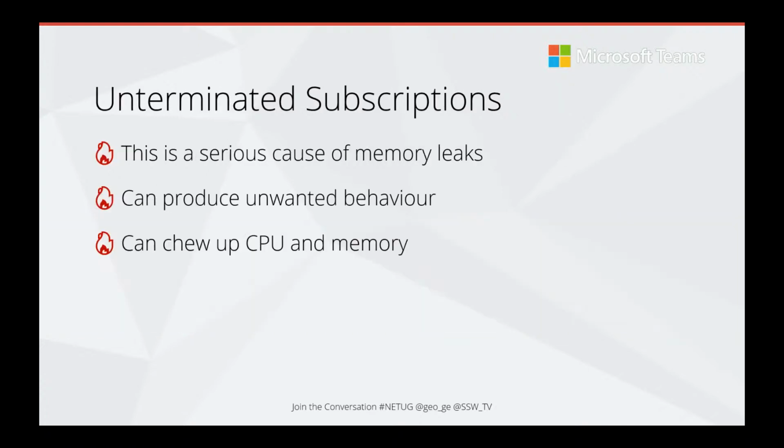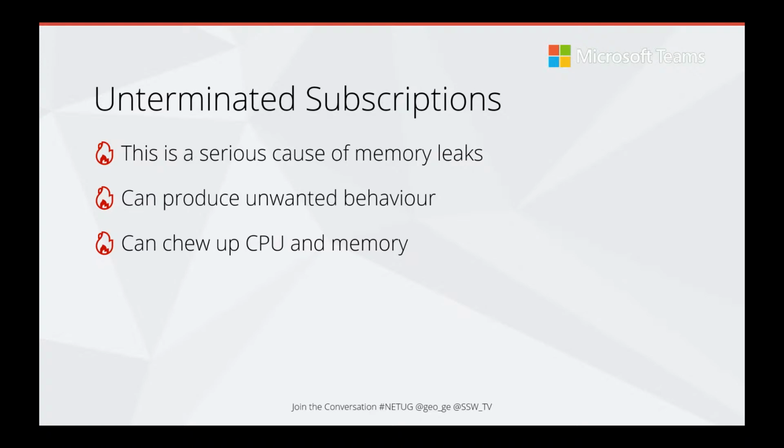And then I mentioned that unterminated subscriptions also cause performance issues. This is not apparent when you start a project. However, in the long run, when you build your application bigger and bigger, it could cause a memory leak and produce unwanted behavior.